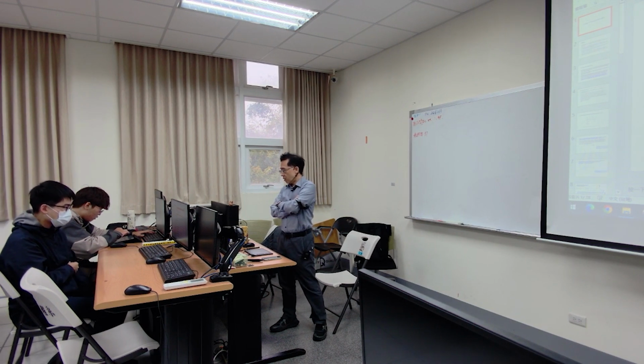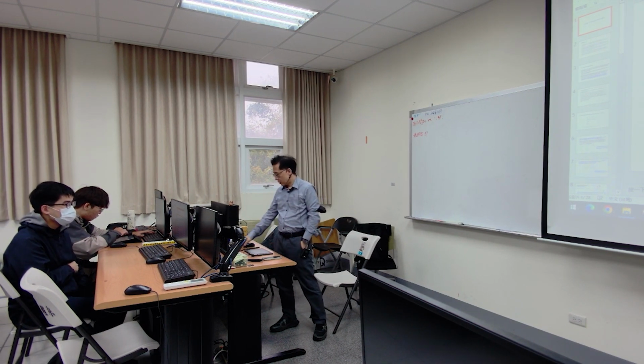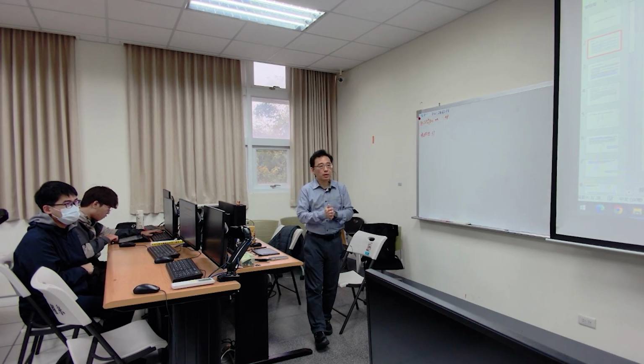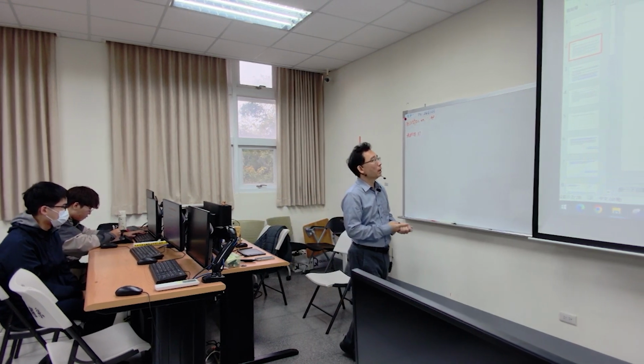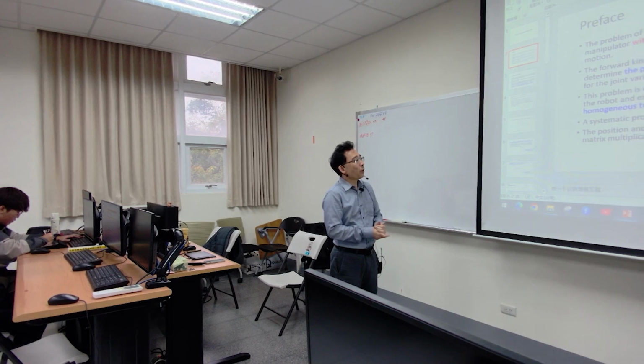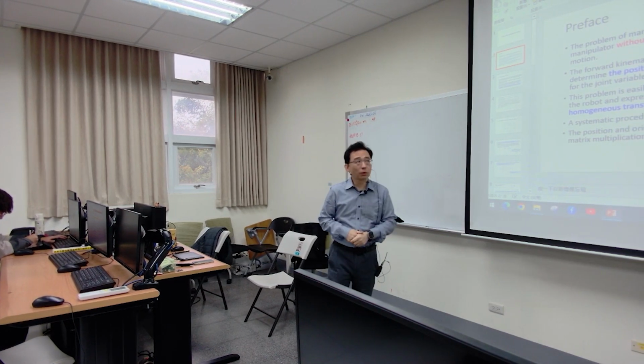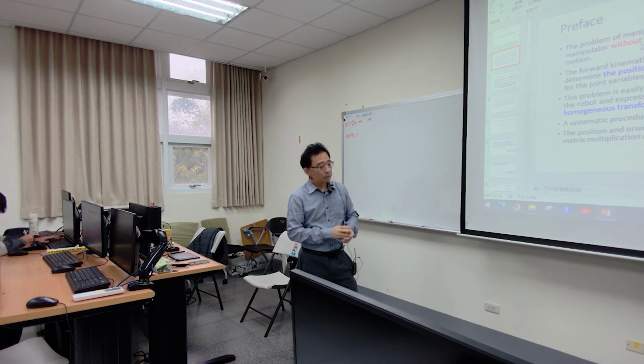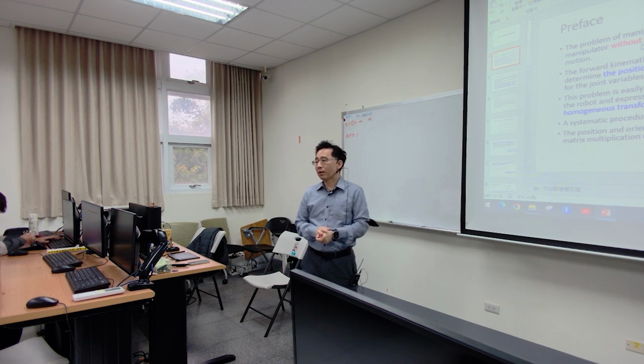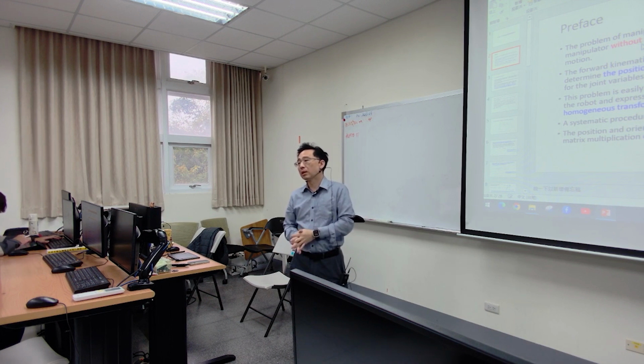Okay. Forward kinematics is our today's point. If we want to describe the motion of a robot, at this point we don't consider the force, because force and moment belong to dynamics.